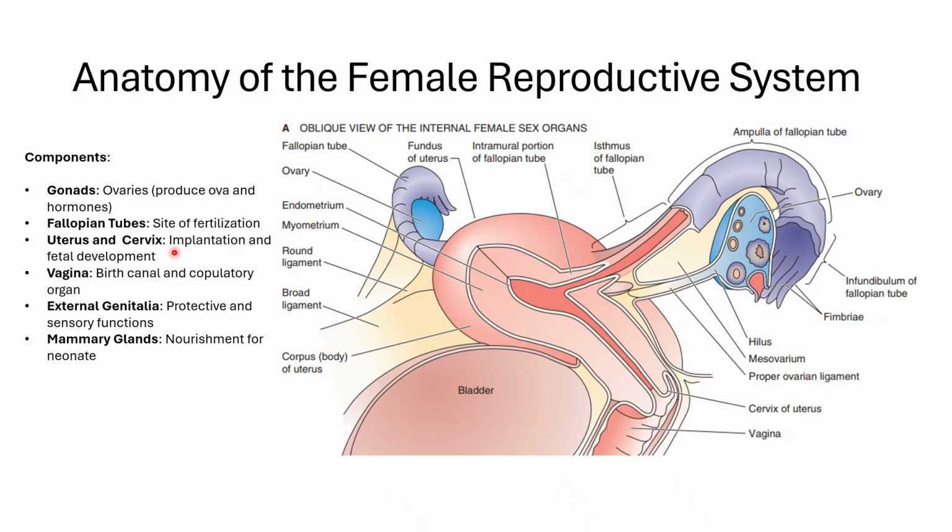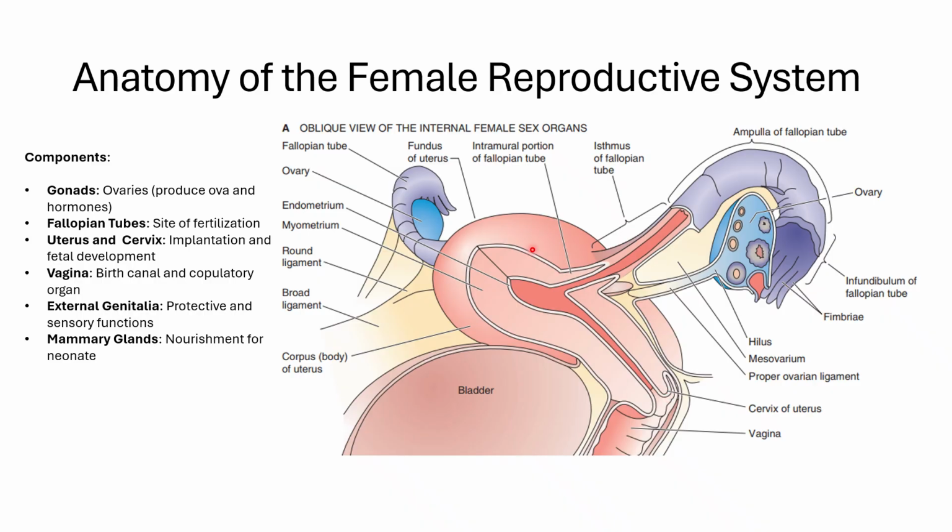Next, the fallopian tubes, which are these structures right here. You can see that the fallopian tubes also have different important structures such as the fimbria, the infundibulum, etc. Then the uterus, which is all this structure right here, and the cervix, which is this one.